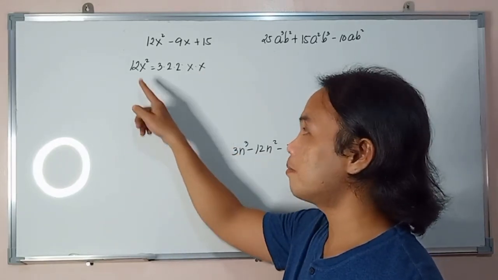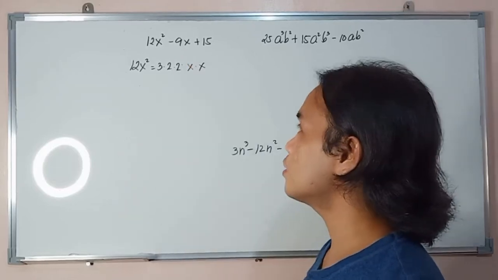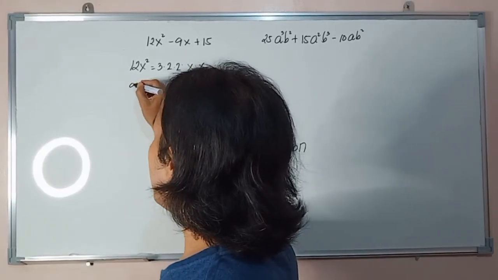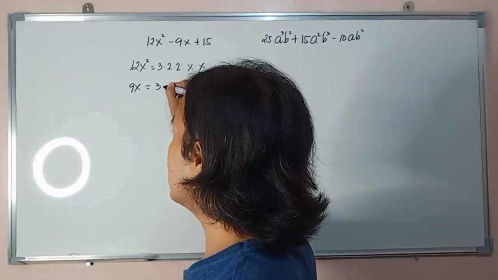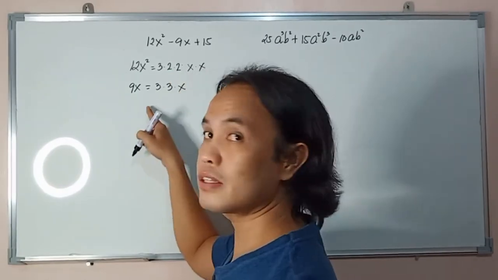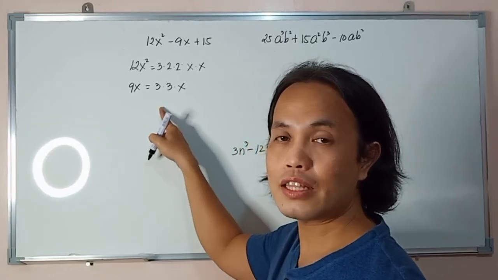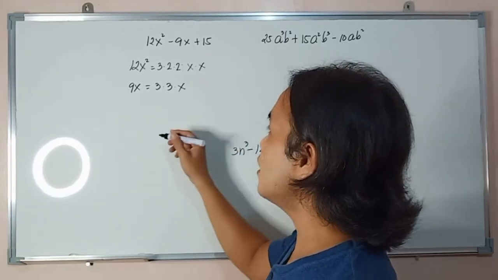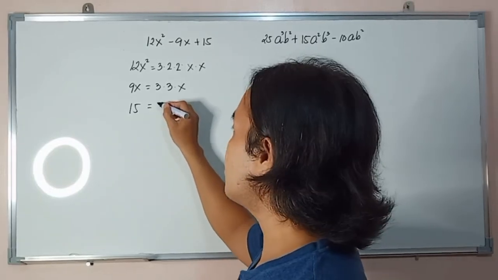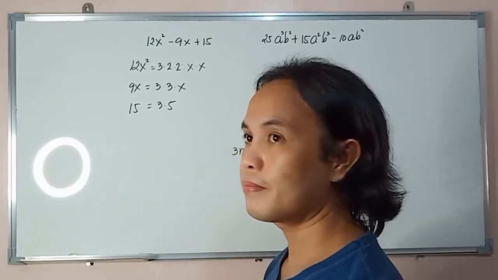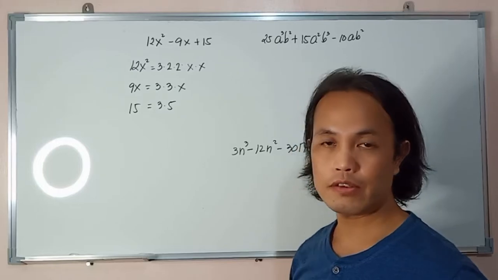That is for the first term. Let's proceed to the second term. We have 9x. So prime factors are, we have 3 times 3 times x. 3 times 3 is 9 times x is 9x. Then last term we have 15. So we can have 3 times 5. 3 times 5 is 15.